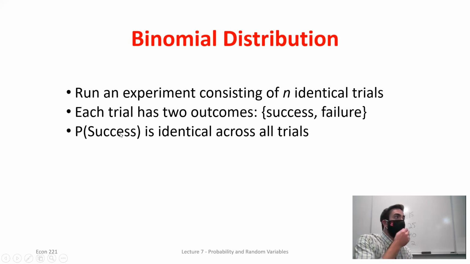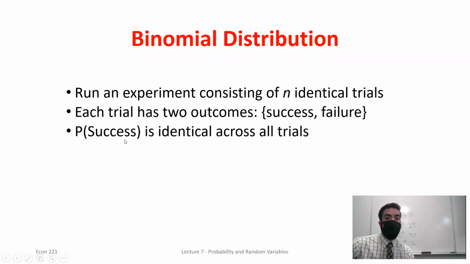We also have to have that the probability of success across every single trial is the same, right? So when I flip a coin, each time the probability it comes up heads is 0.5. We'll look at another example here, and we'll think about how the probability of success in different examples would have to remain the same as well.